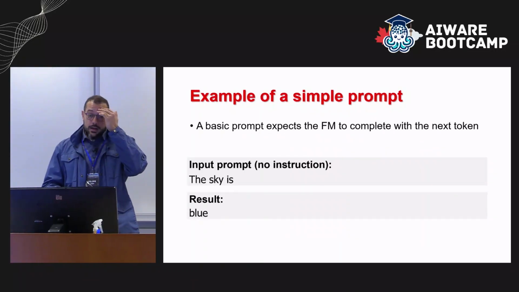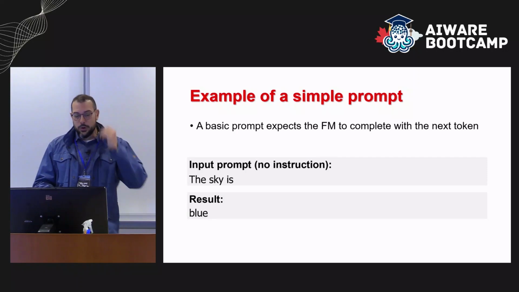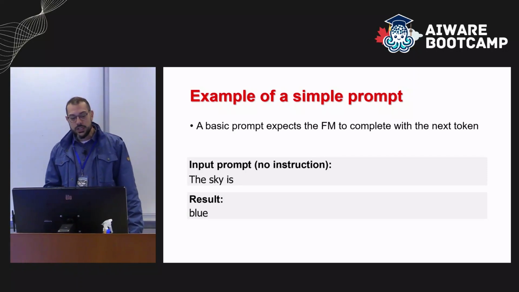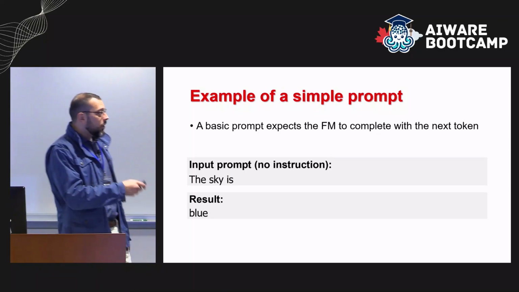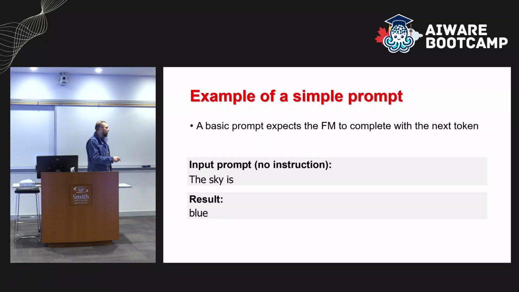Here is an example of a very simple prompt. This is just expecting some completion. If you give the model this input prompt, "the sky is," the model will very likely complete with the word "blue," just because it saw this so many times during training.